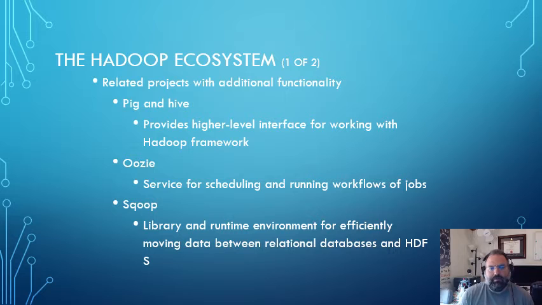Moving on to the Hadoop ecosystem. Once Hadoop came along, it was a really cool thing, and especially whenever you had Yarn, so you had a nice resource manager. Additional solutions were becoming available for Hadoop. Things like Pig and Hive, which provide a higher level way of talking to the data. Oozie, which is a way of scheduling and running workflows for jobs.